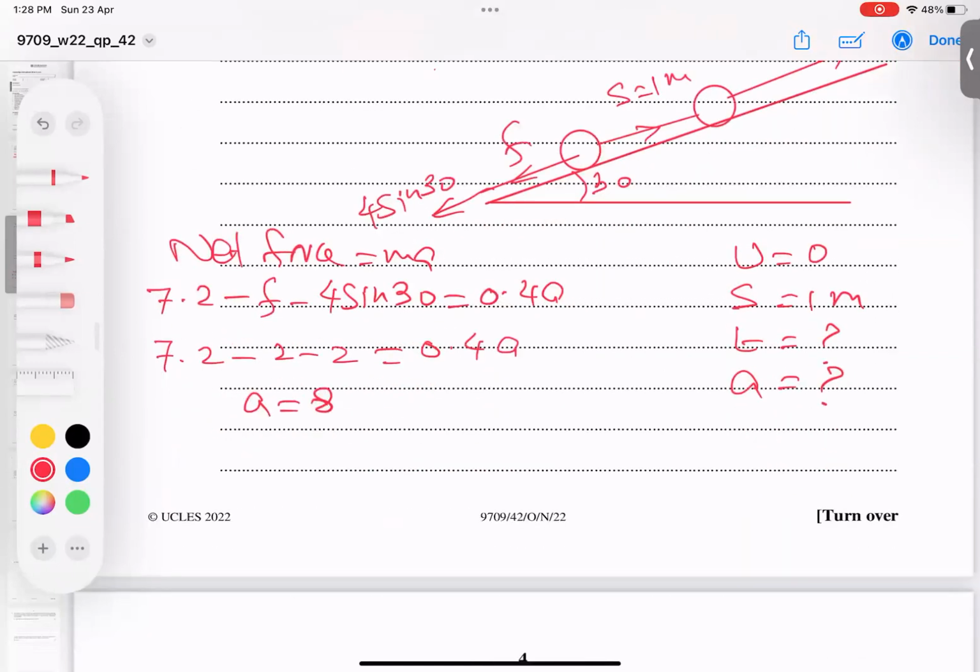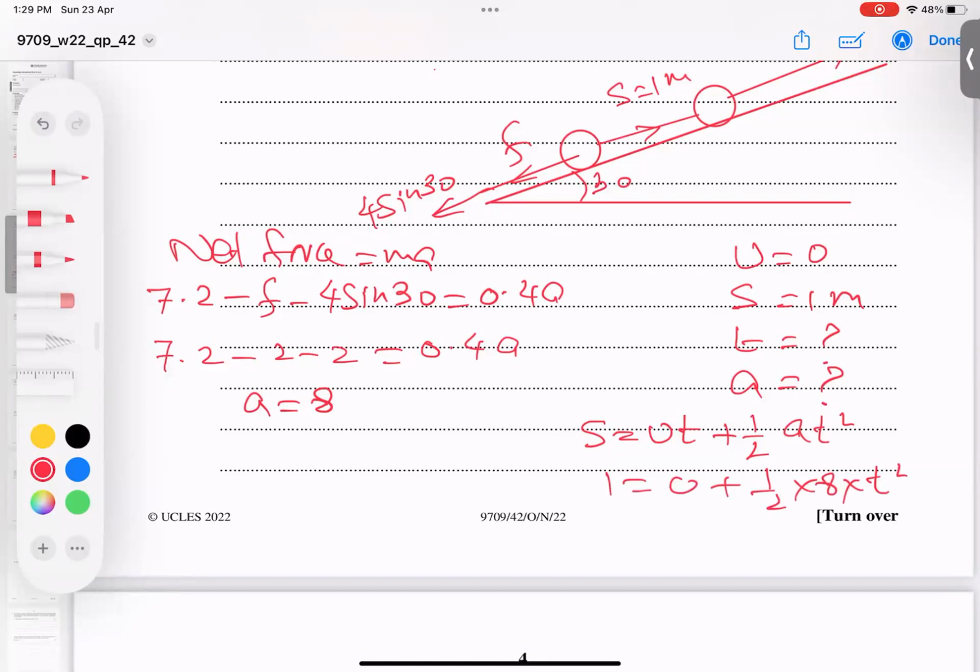Now I can easily use S equals ut plus half at square, and we are looking for time, but acceleration we got. S is given by him as 1 meter, u is 0, acceleration is 8, and time is unknown.